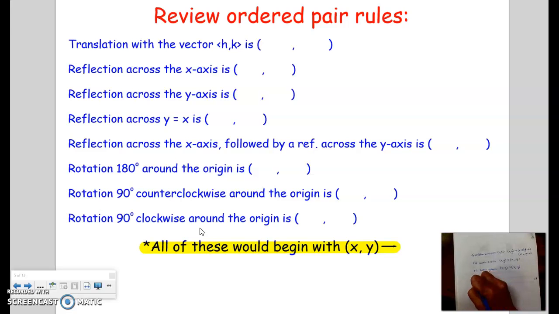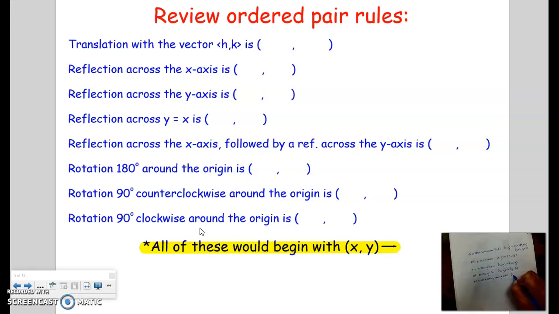The next one is another reflection. This time it's across the line y = x. So remember, that reflection takes a point (x, y) and switches the coordinates. So it's mapped to (y, x). The next one is a reflection across the x-axis and then followed by the reflection across the y-axis.